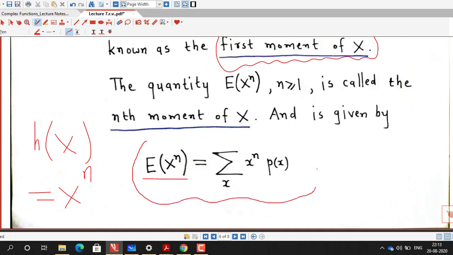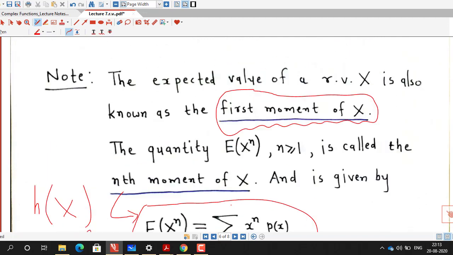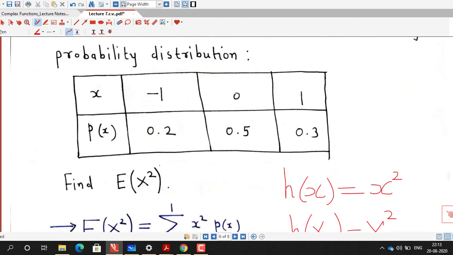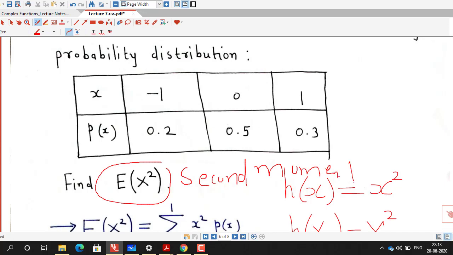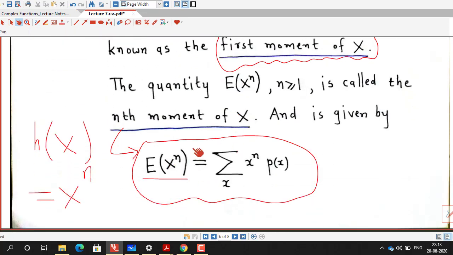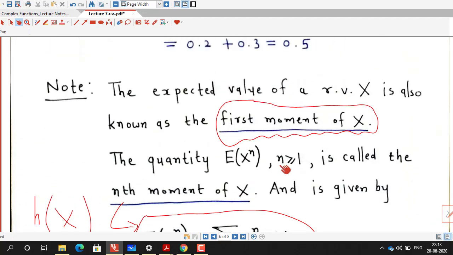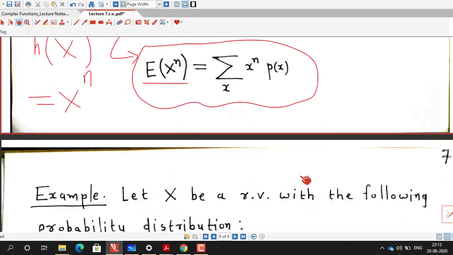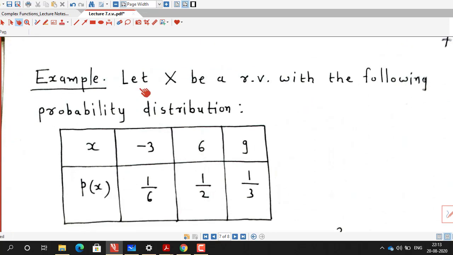So this is nothing but the nth moment of random variable capital X. In this example, this is the second moment of random variable X. We have calculated the second moment of random variable capital X. In this way you can calculate the nth moment of a random variable X, where n is any natural number.